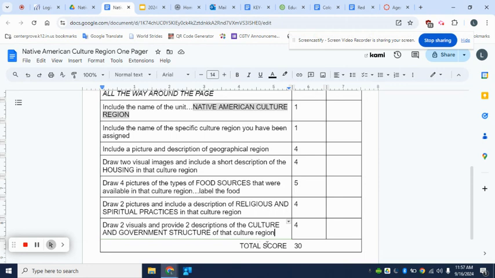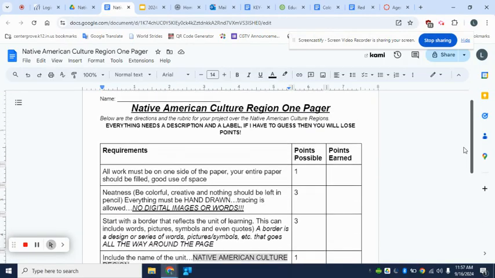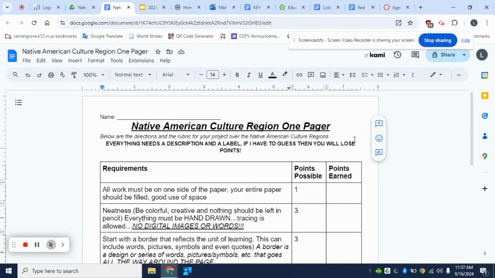The entire project itself is worth a total of 30 points, and this will go into the 30% category. So the 1-pager project, when you turn it in, will be worth 30% of your total grade. Resources that you can use to help you with this 1-pager project would be the textbook pages 11 to 18.